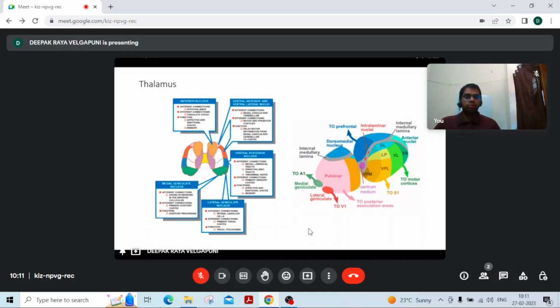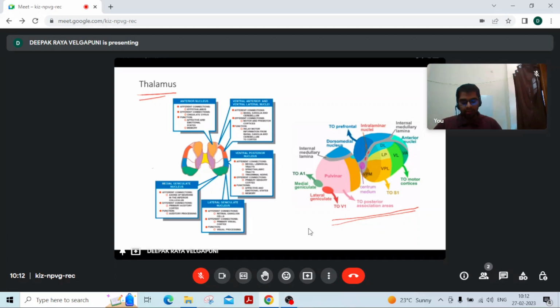So coming to the thalamus. You can see here the thalamic nuclei have different parts projecting onto different parts in the cortex and other subcortical areas or association cortices, etc. You can see the different functions of the different nuclei of the thalamus.